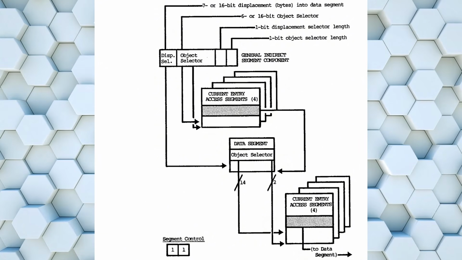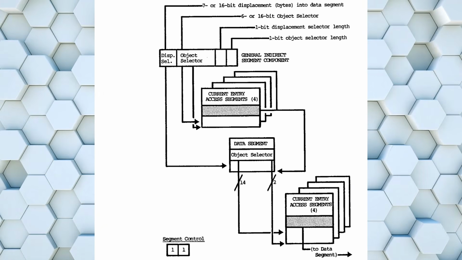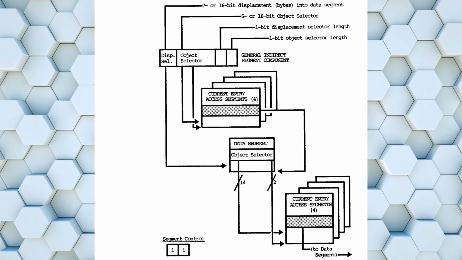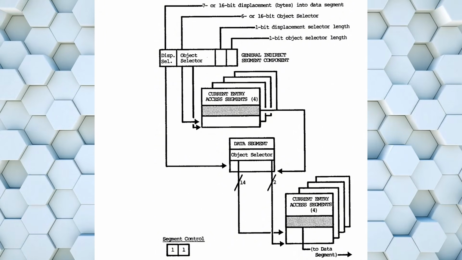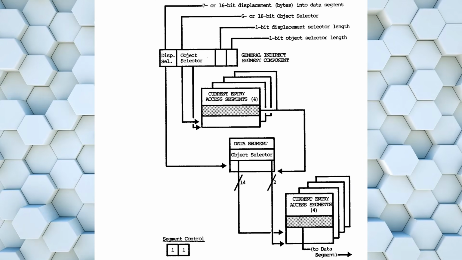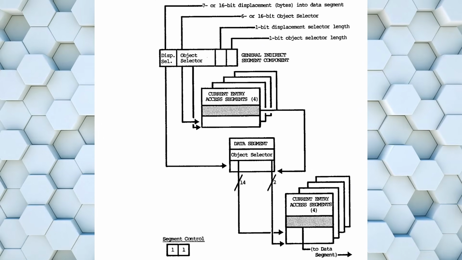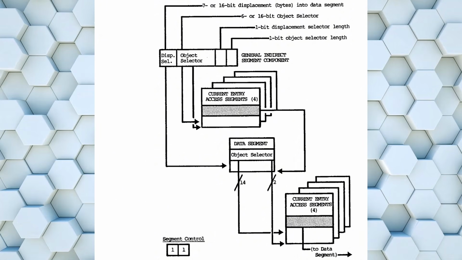It is a two-stage resolution. By using an object selector with direct addressing, GDP finds the first data segment. And then it reads another direct object selector from that data segment to finally locate the data segment that contains the target variable.